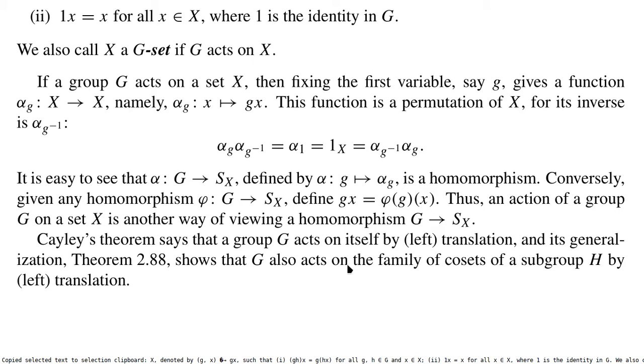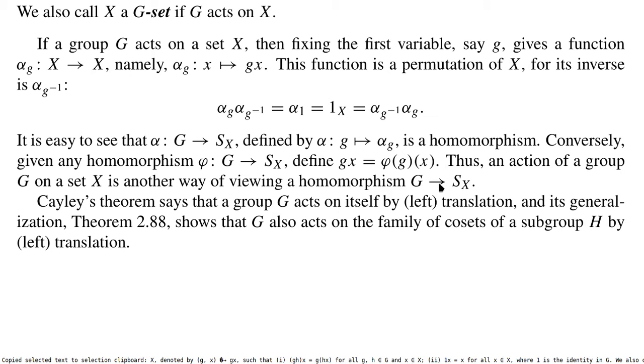So these permutations together make up the set S_X. S_X is just the permutations of the elements of X, so that's a symmetric group. And you have a homomorphism which lets you have this. So the main idea is that this action of a group is essentially another way of viewing a homomorphism, which gives you these permutations from a group.